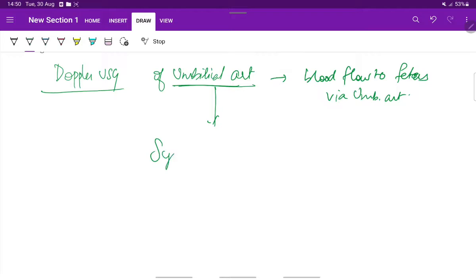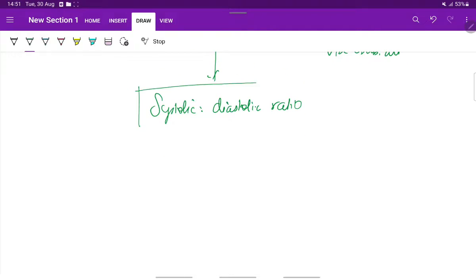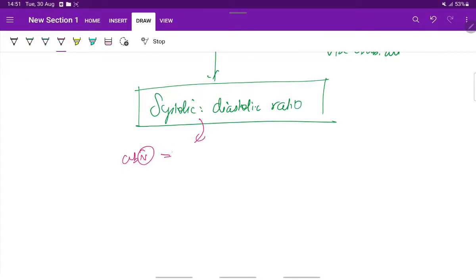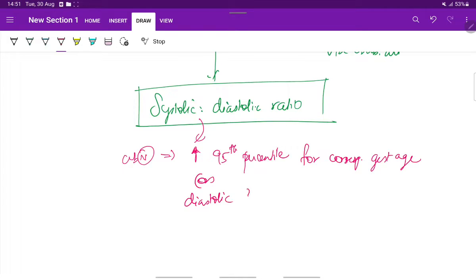In this, the systolic to diastolic ratio is most commonly used, and it is considered to be abnormal when it is more than the 95th percentile for the corresponding gestational age, or if the diastolic flow is either absent or reversed.